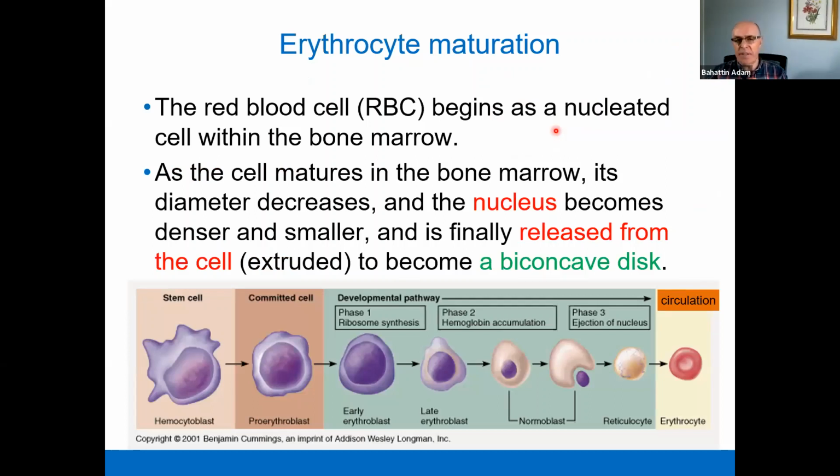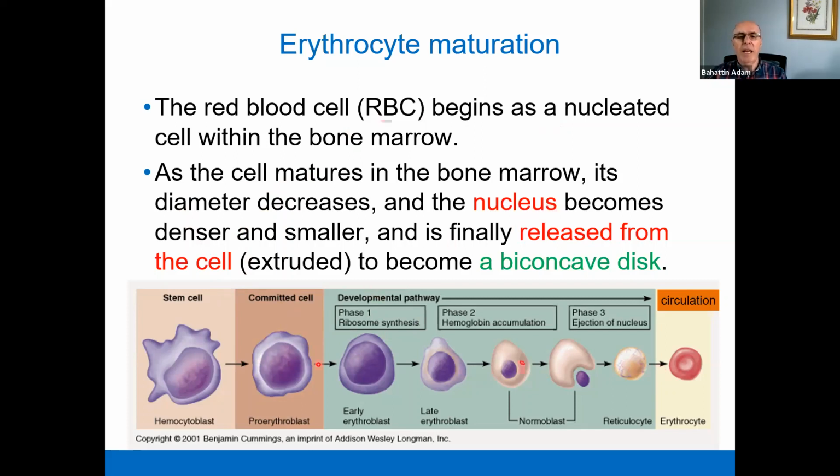Okay, the production of red blood cells begins in the bone marrow from erythroid stem cells. And as you see in the pictures at the bottom of the slides, as the cell matures in the bone marrow, its diameter decreases, right?